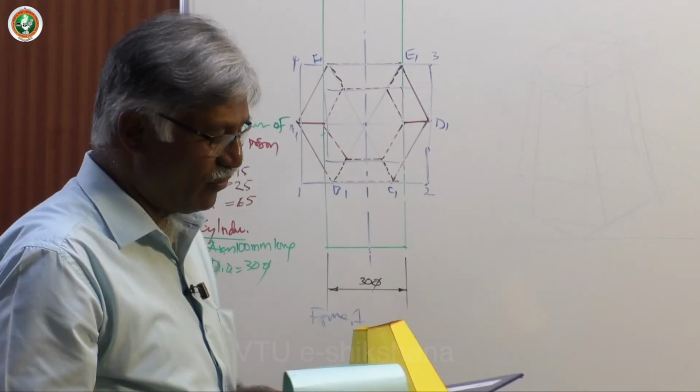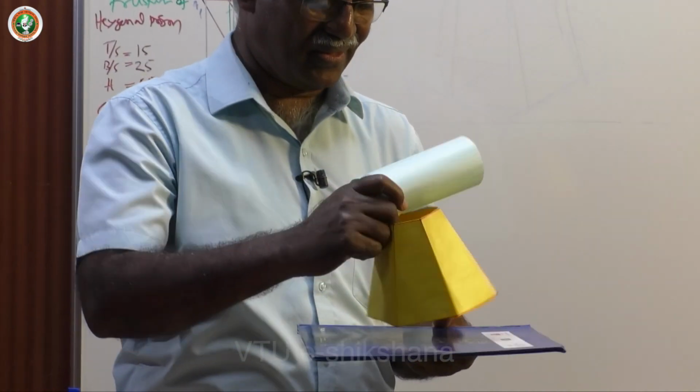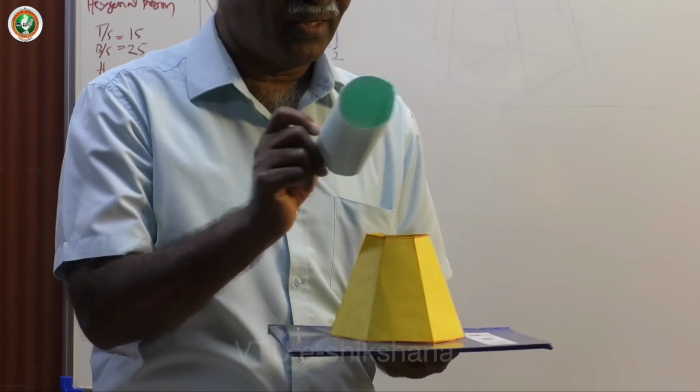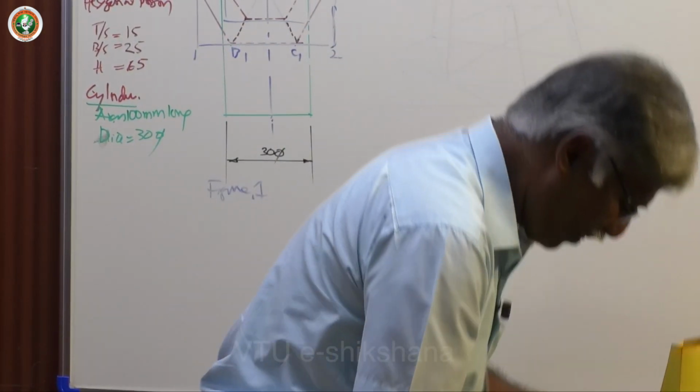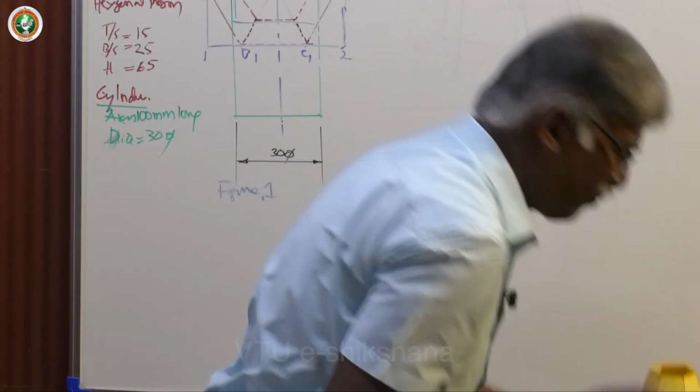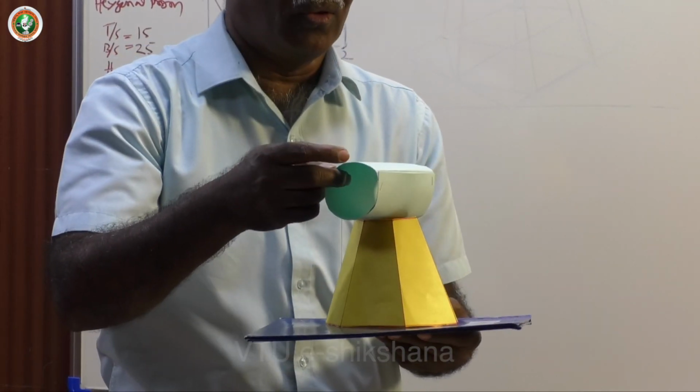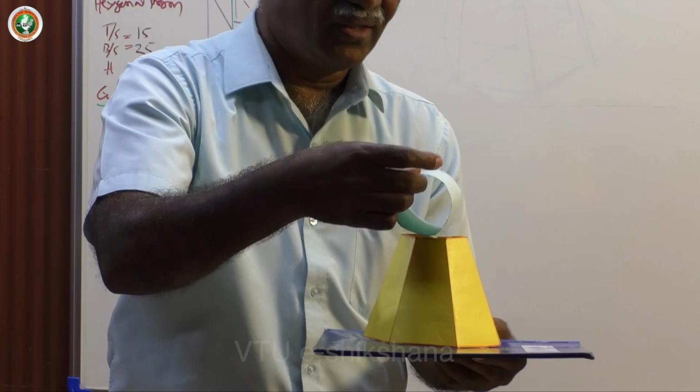We can keep one of the base sides parallel to VP, and keep the cylinder perpendicular to VP like this. So this is how you get the things.